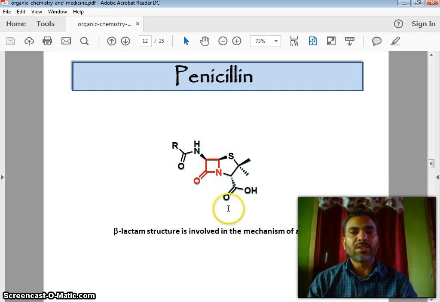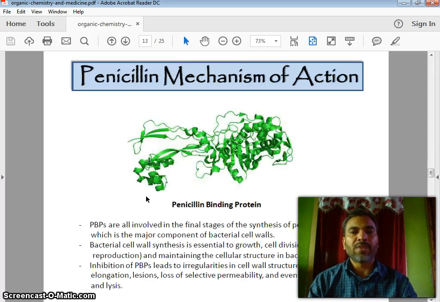So penicillin, look at its structure. How many functional groups are there? Just count it. You see the amide, these ether types, and this is a heterocyclic amide. The beta-lactam structure is involved in the mechanism of action. In the penicillin mechanism of action, PBPs are involved in the final stages of synthesis of peptidoglycan, which is the major component of the bacterial cell wall.